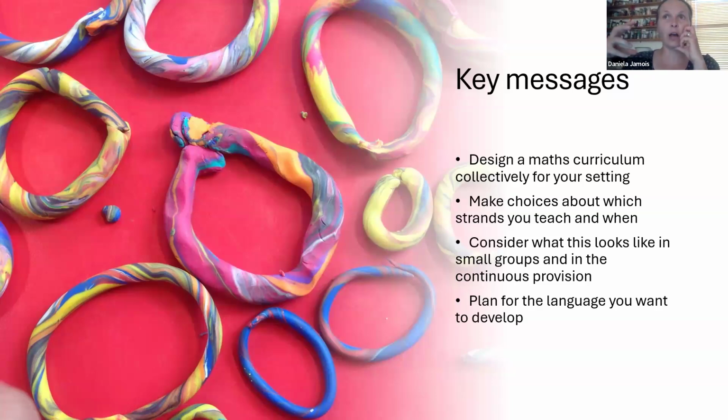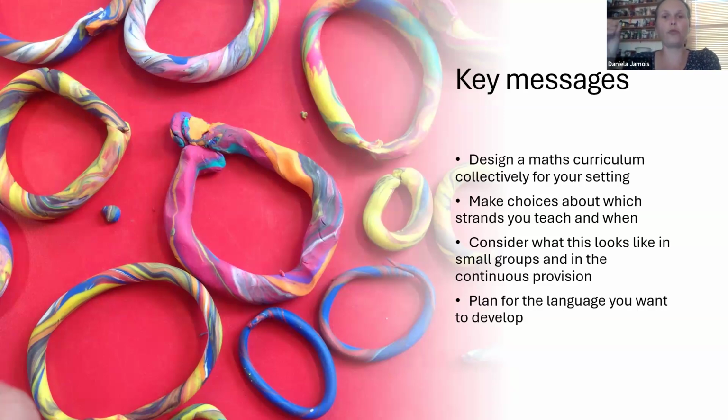And you might start with breaking things down into 3 sections, like the 3 trainings that we're providing. And then over time, you might want to build in the 6 strands that the National Centre of Excellence of Teaching Mathematics provide for us. But you need to be reflective about what will work in your setting.